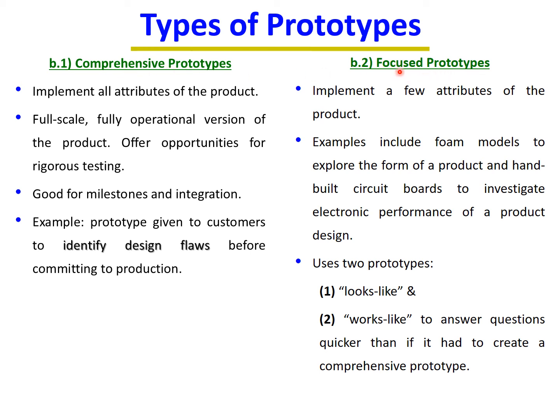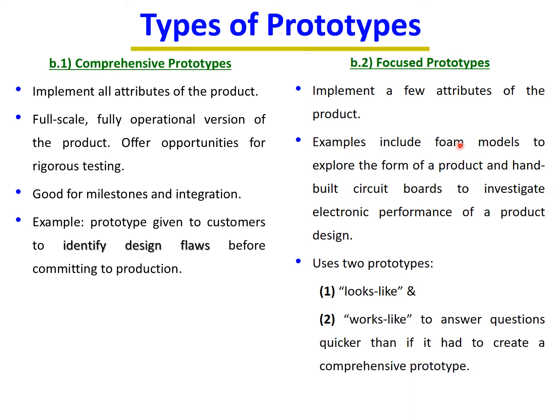Focused prototypes, focused, right? So you are focusing on something. So implement a few attributes of the product. You see, from the beginning when you said that these are the customer requirements and so on, and this is what we will do, you don't go through all of them. You make a prototype which is focusing on 1 or 2 or 3 of the attributes or the requirements that you want only.